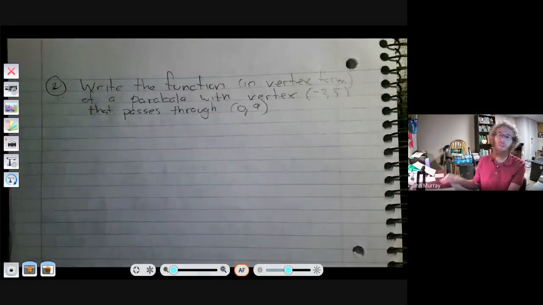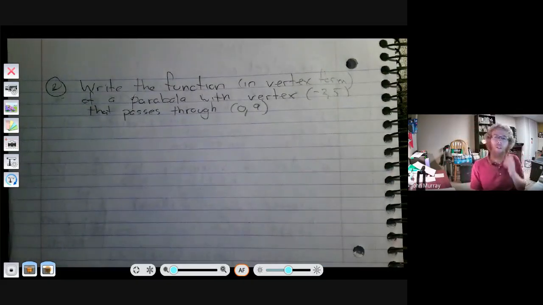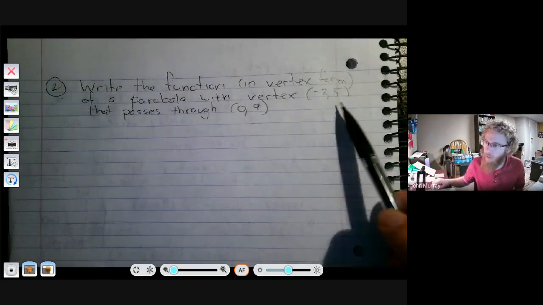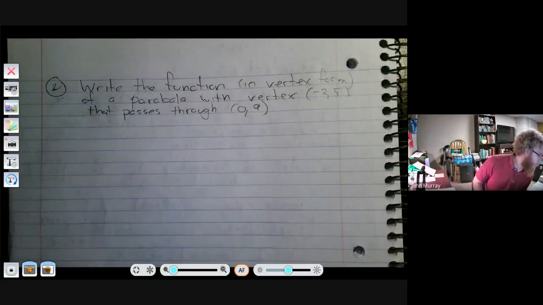Okay. So we're going to write the function in vertex form of a parabola with vertex -2, 5 that passes through the point 0, 9.